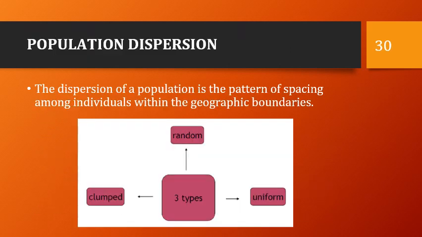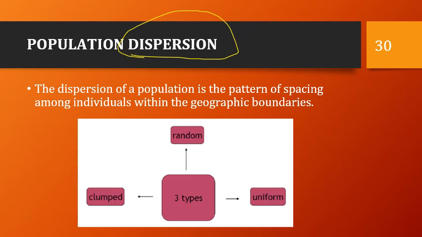And of course, here we have the dispersion of the population. Okay, from the word itself, dispersion. The dispersion of the population refers to the arrangement of individuals within the population, or the range, or of course the spaces present in their geographical location.